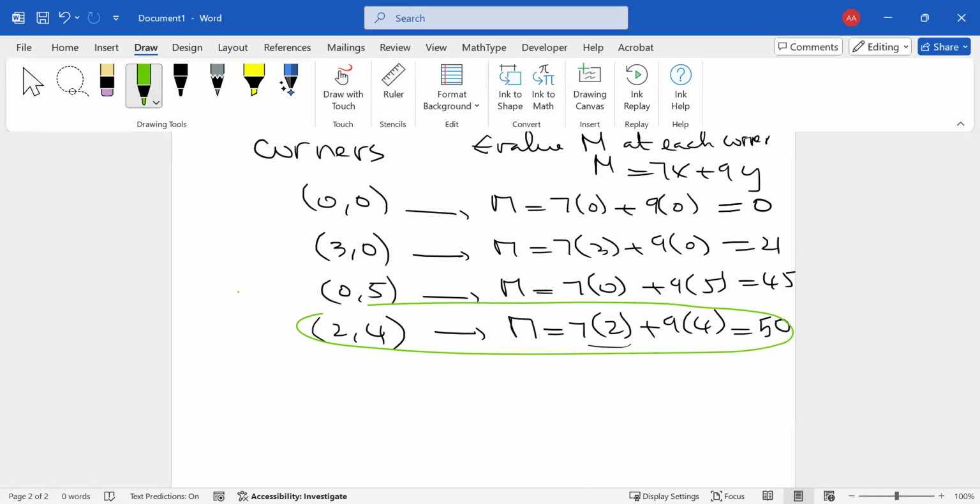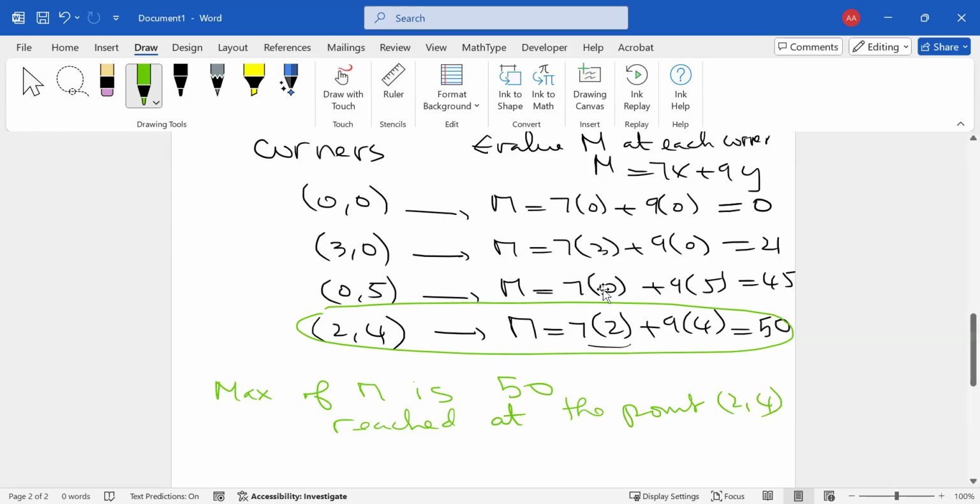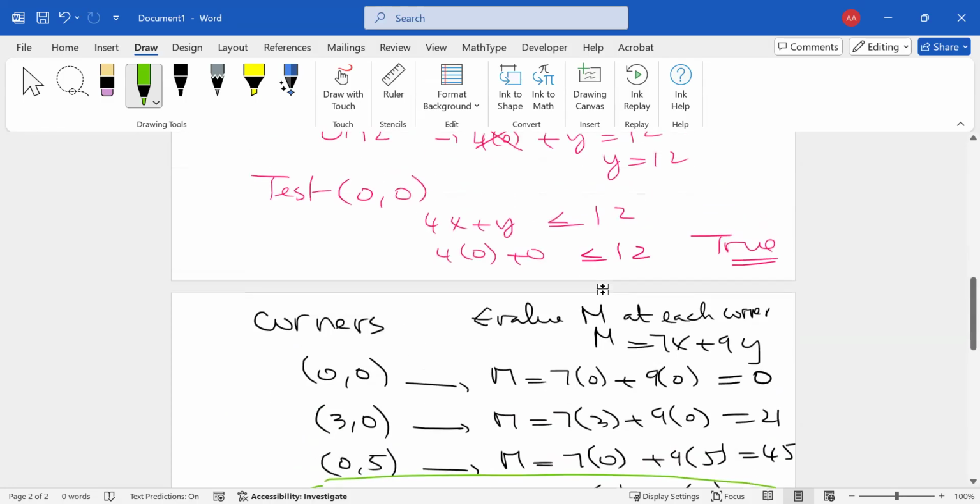Because this is the maximum. It's going to be maximum of M is 50, reached at the point 2, 4. And that's it. You know, that is how you solve a linear programming.